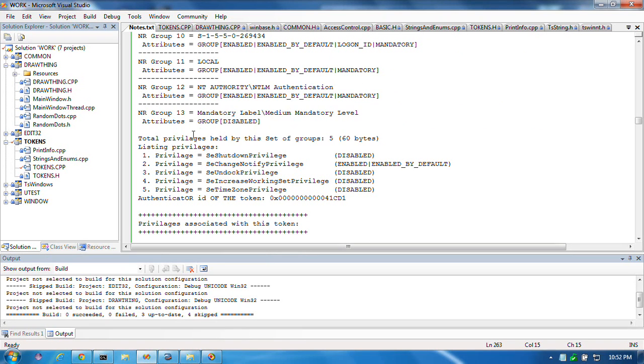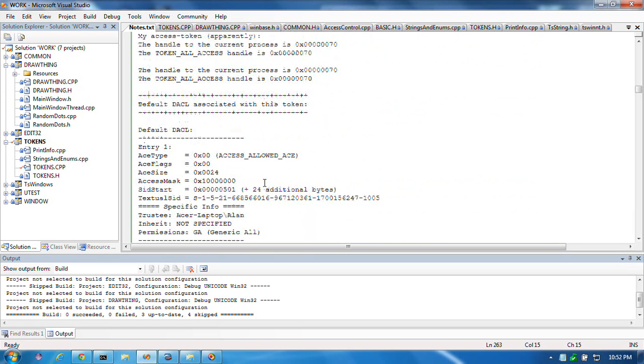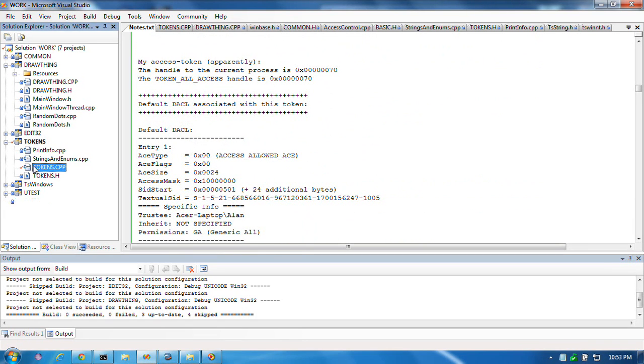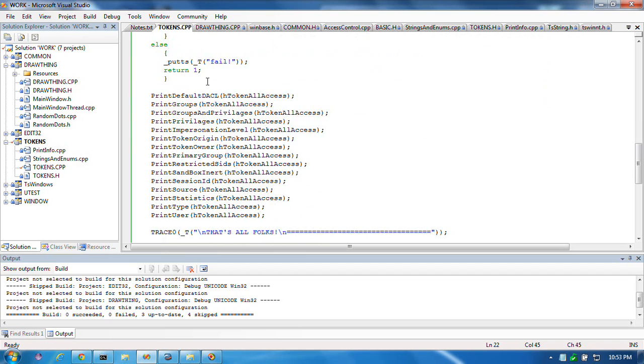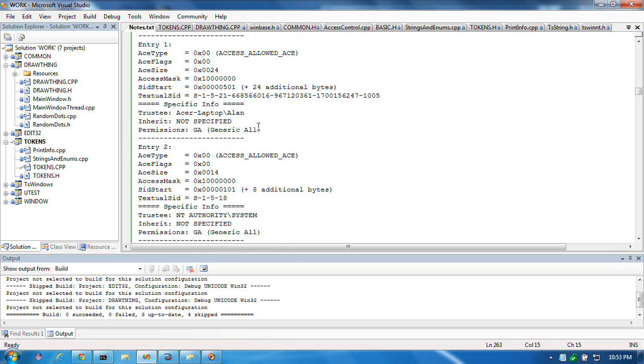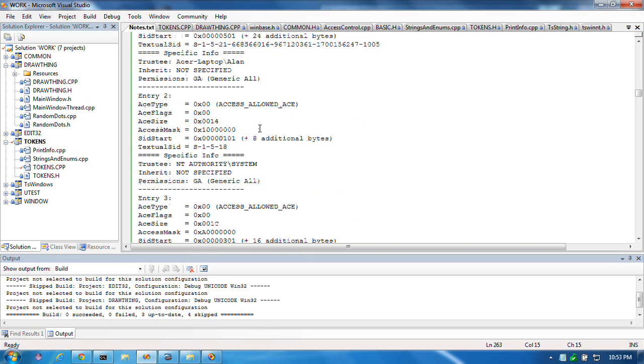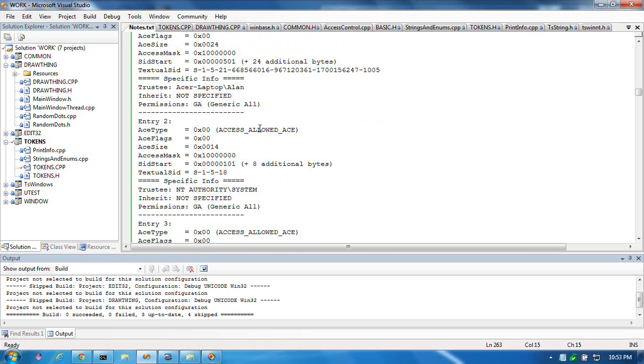Now, next, well, actually that's not the first one in the list, but the first thing in the list, as I printed them out, I did it one by one as listed in the help. So I printed out the default DACL. Now, it would be great if I could modify this, right, and add a deny access to non-authenticated users or something.